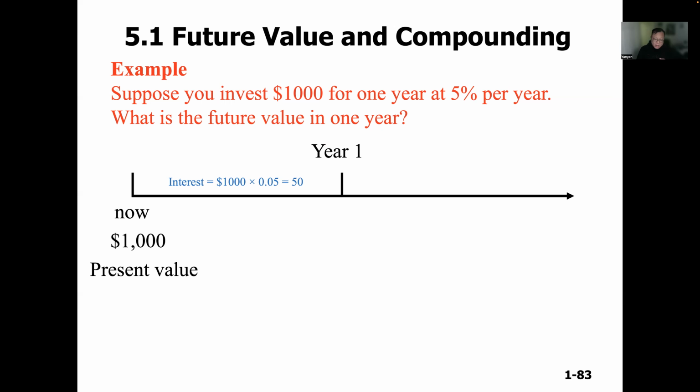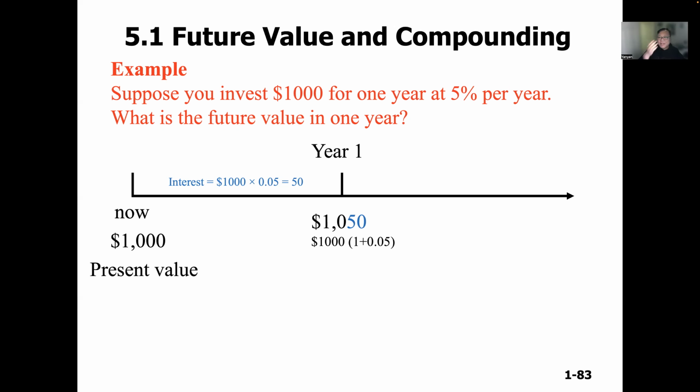After 1 year, because you deposited $1,000, you are going to earn $50 in interest. Add them together and you are going to have 1,050. So the increase in value is due to the interest.